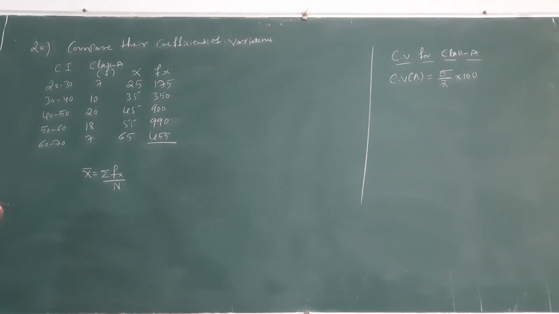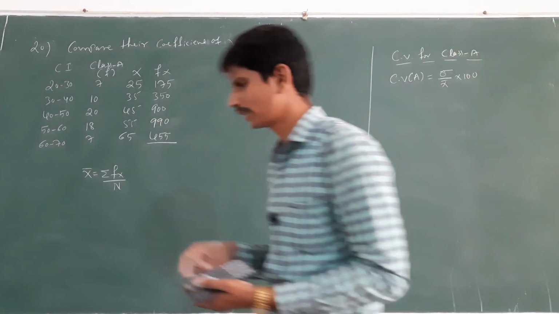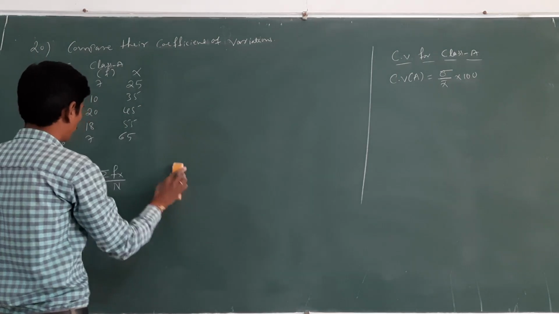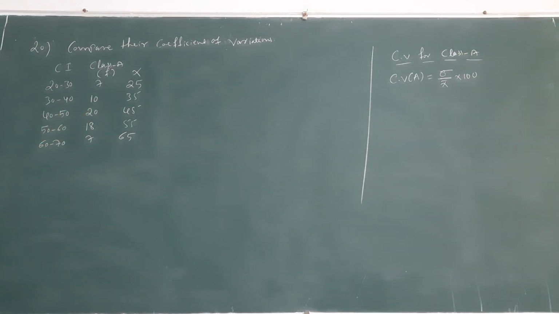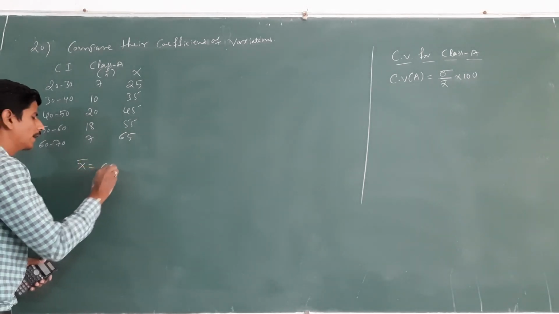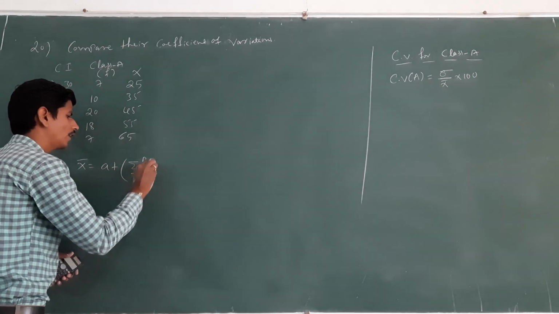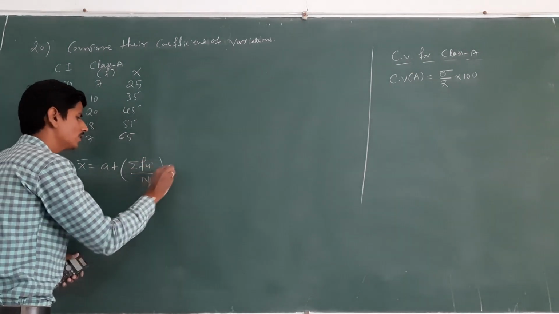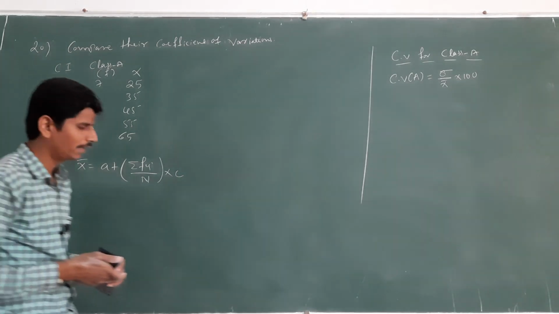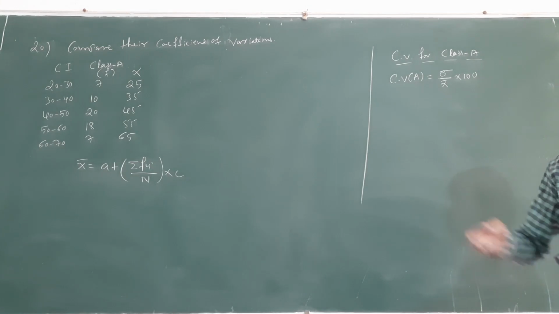Otherwise, better to use the step deviation method. It is the easiest method. x bar equal to a plus sum of fu dash by capital N into C. If the class intervals are given with frequencies, then we have to use this formula.